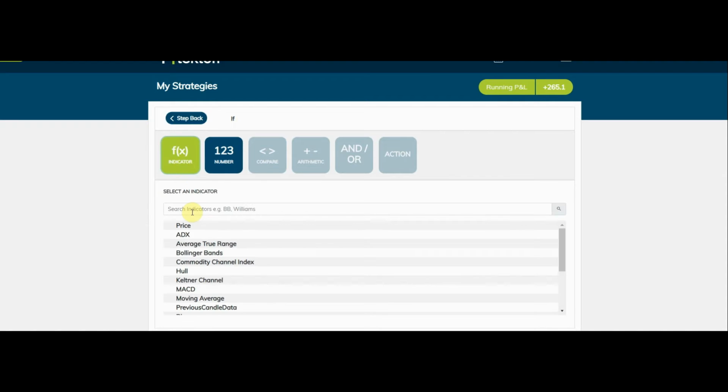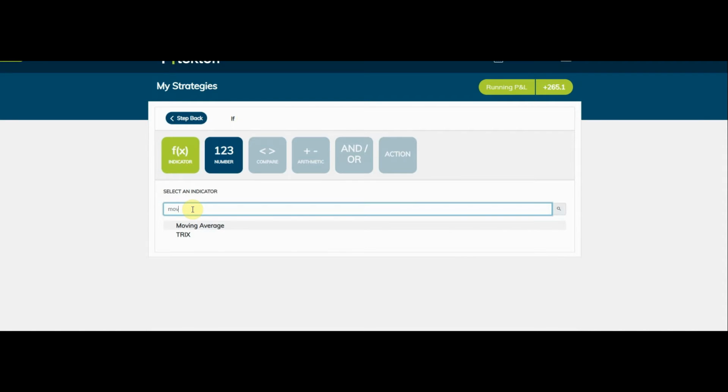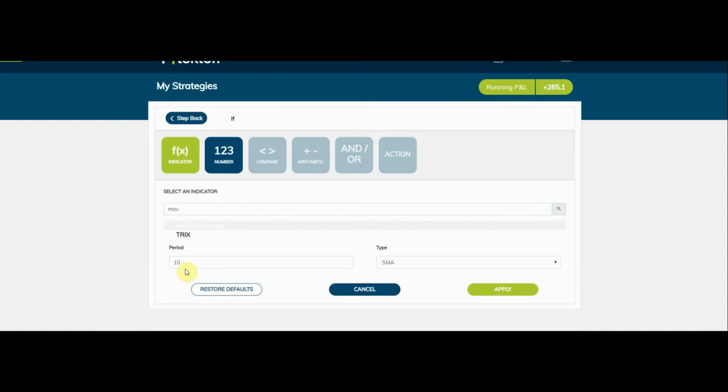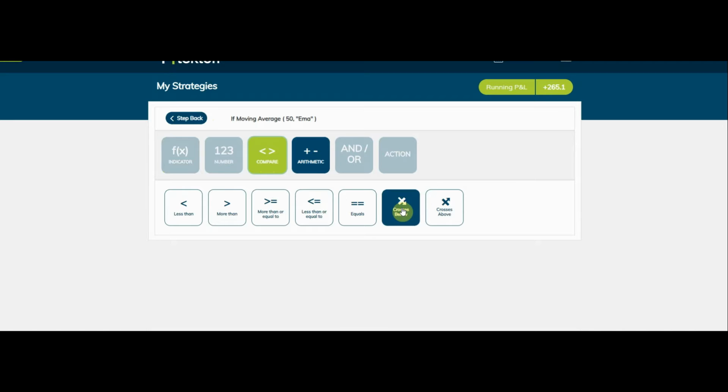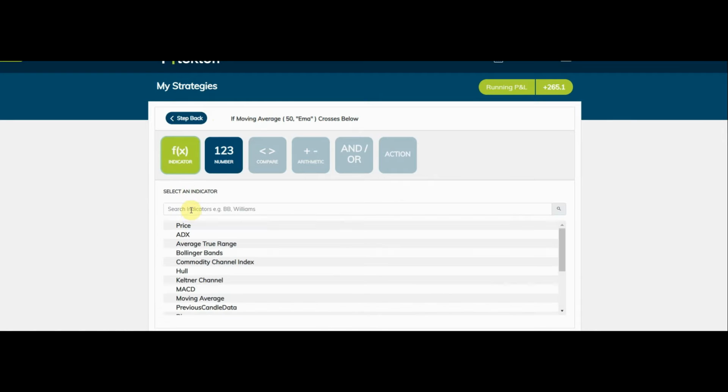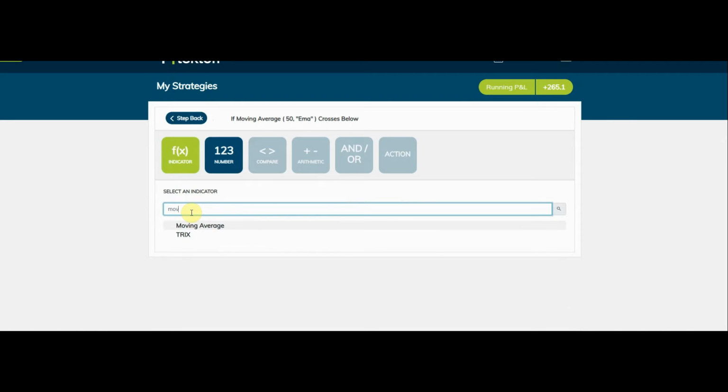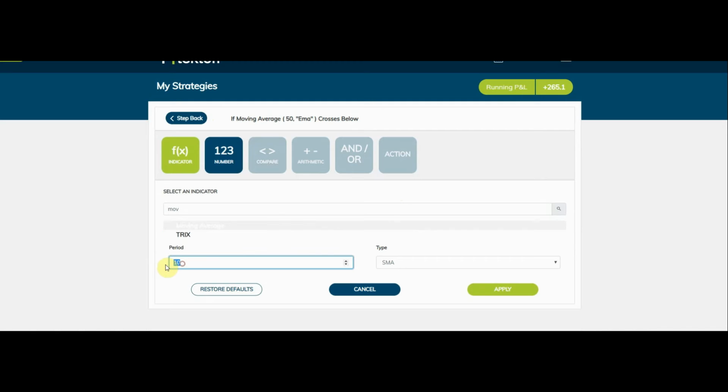If moving average 50, it's a beautiful thing about this is you can just step back if you make a mistake. So if moving average 50 crosses below this time moving average 200, it's that simple to do this, to create this.